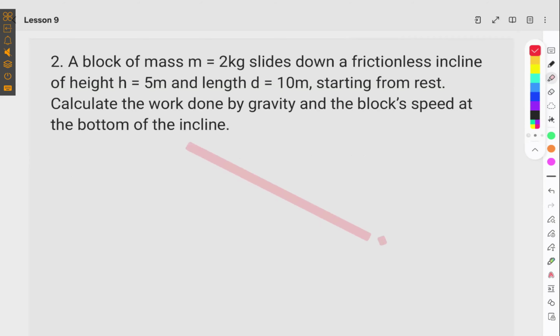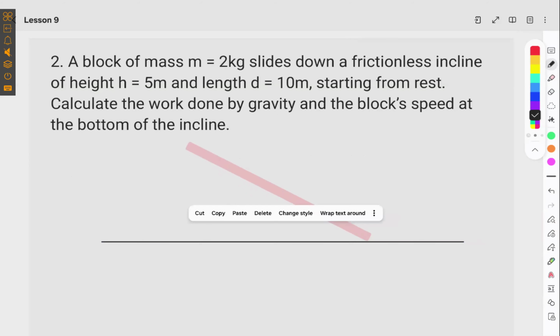Suppose this is your incline, and this is your ground.